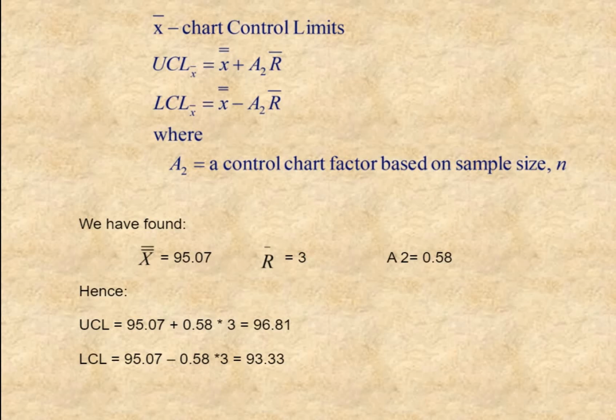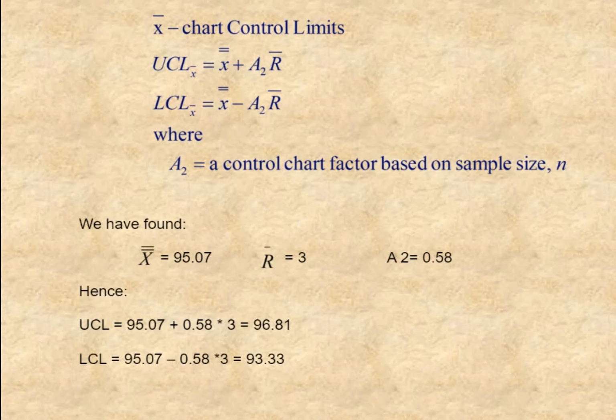Now let me put the X bar control chart for UCL and LCL here. Again, it is copied from the previous slide. It's exactly the same thing. What we need is to plug in 3 numbers here: X bar, R bar, and A2. We found these 3 numbers, and then we plug them into this formula.